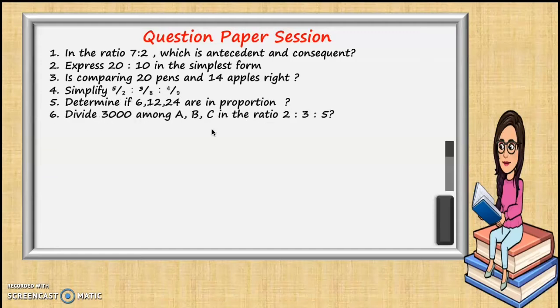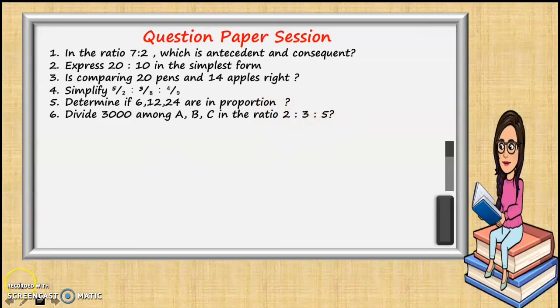The next question goes like this. Divide 3000 among A, B, C in the ratio of 2:3:5. Here they are asking you to divide 3000 in this particular ratio. So you have to always compare it with the constant, that is x.